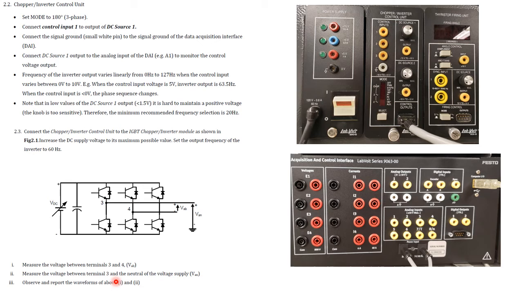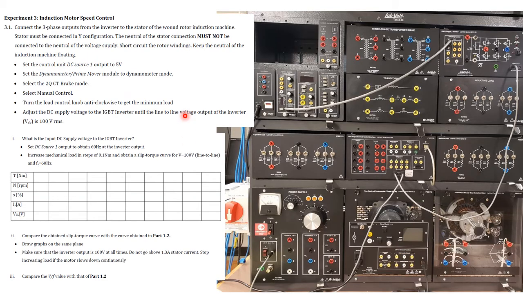Then let's do experiment 3, in which you keep this circuit and you connect 3, 4, and 5 to the stator of your induction machine. You should keep the circuit of experiment 2 and continue with experiment 3.